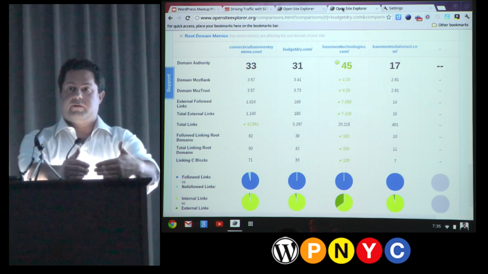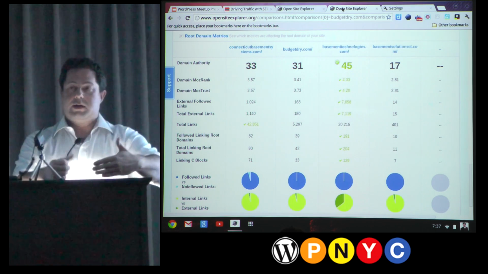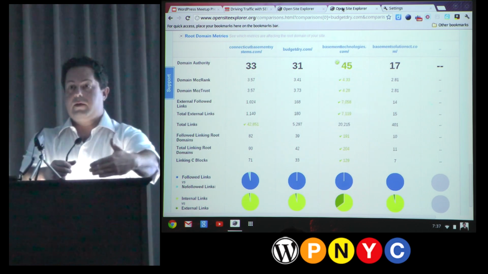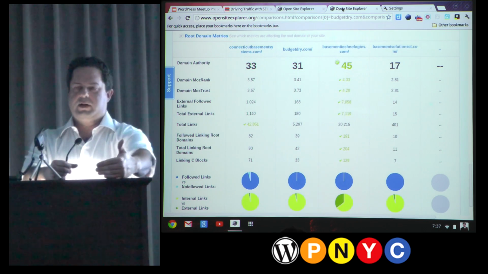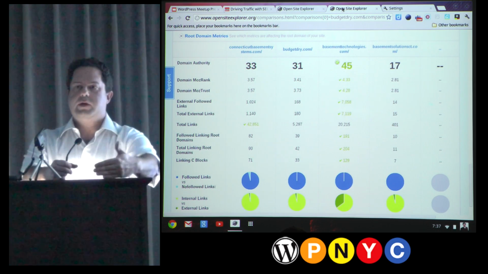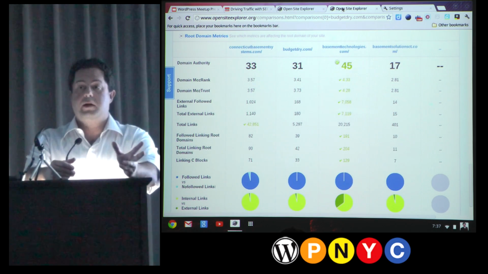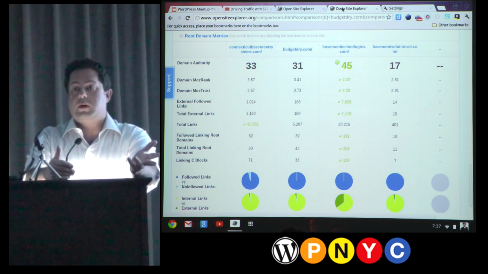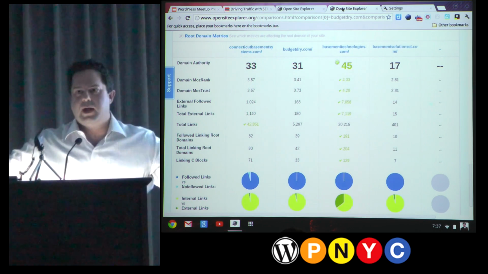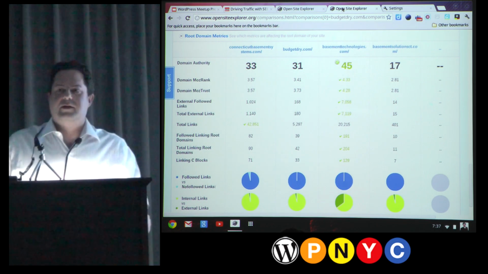To get from 22, where that company is at, to 30 is exponentially harder, and to get to 45 to 46 is exponentially harder. So if you're scoring in the 45s, don't bother with a backlink where they're scoring a 20, because it's just not going to do anything for you, unless you do thousands of them. You have to get someone higher than yourself, basically.